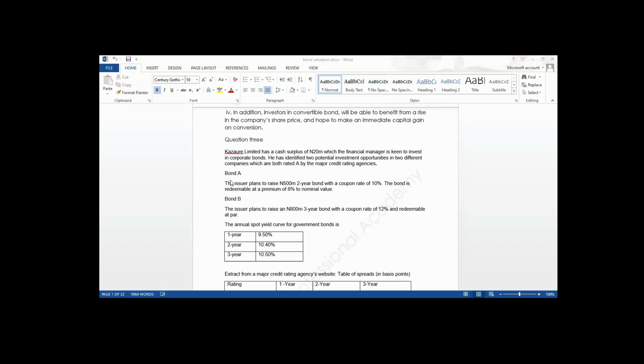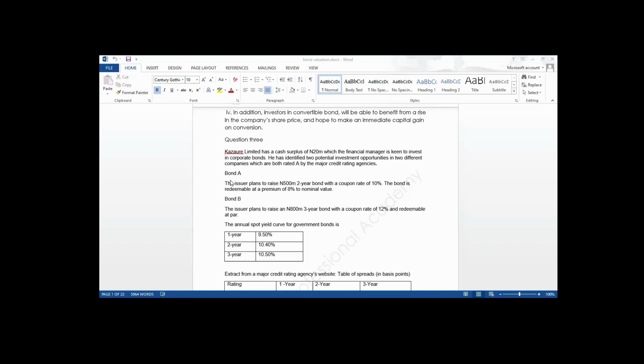Kazaure Limited has a cash surplus of 20 million, which the finance manager is keen to invest in corporate bonds. Look at it: Kazaure has 20 million naira cash surplus, and the manager is interested in investing this amount in corporate bonds.